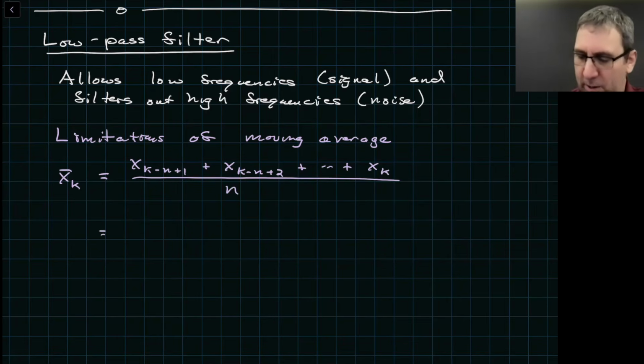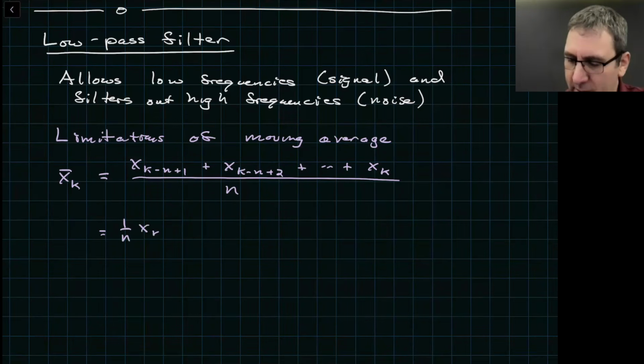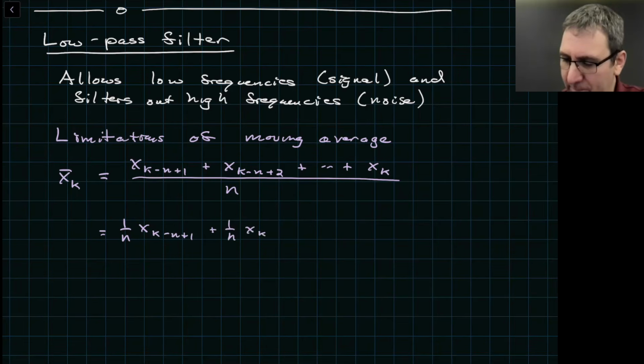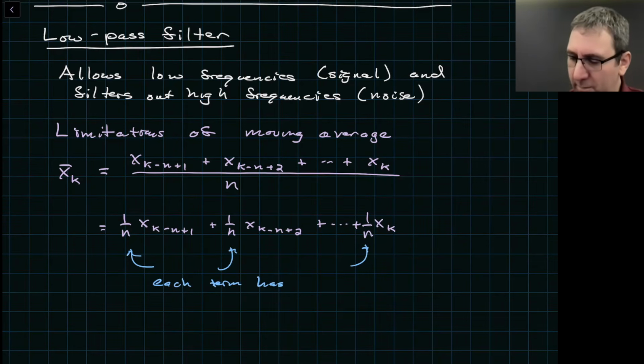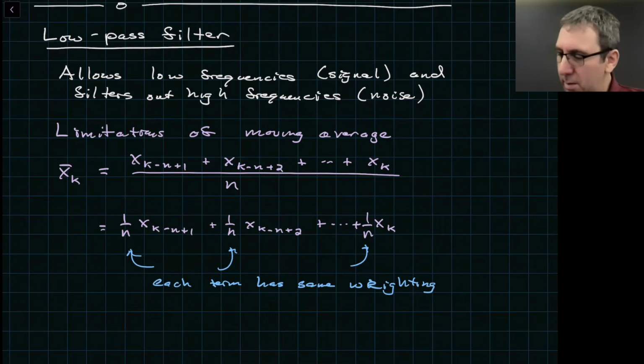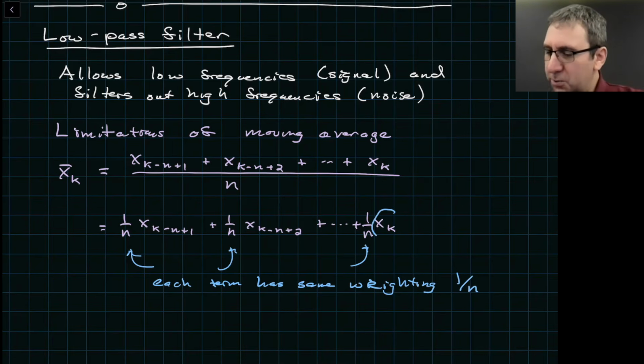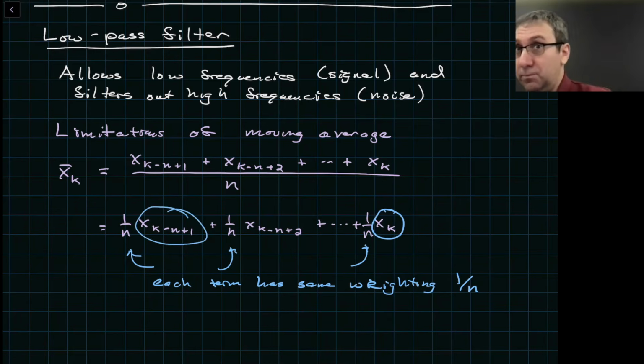I'm going to write it out in a way that makes more apparent what the problem is. We have this factor of 1 over n in front of all of the terms. So each term has the same weighting, 1 over n, from the most recent to the least recent.